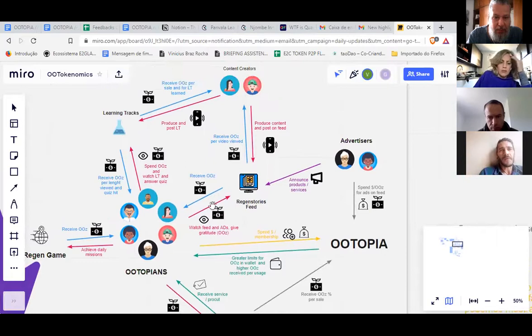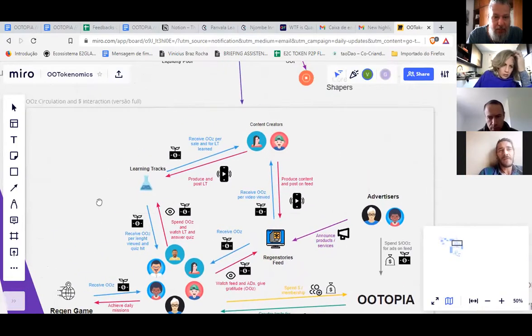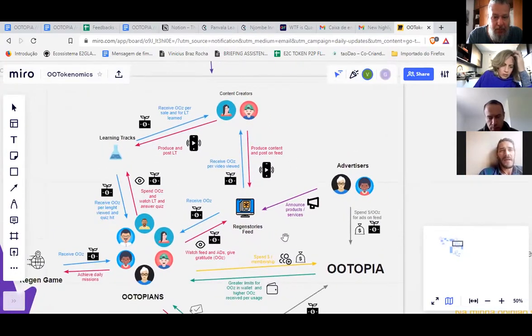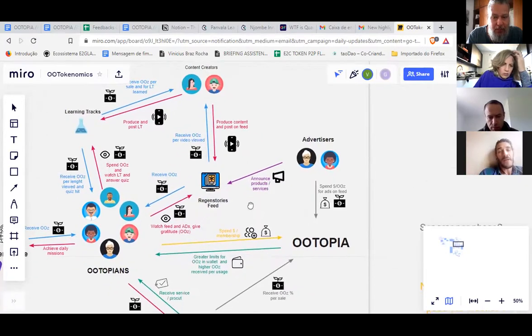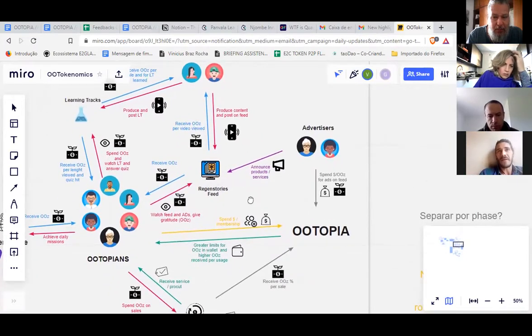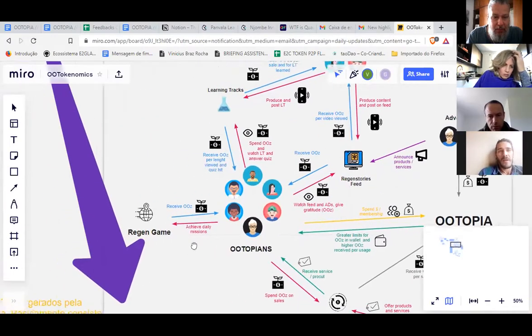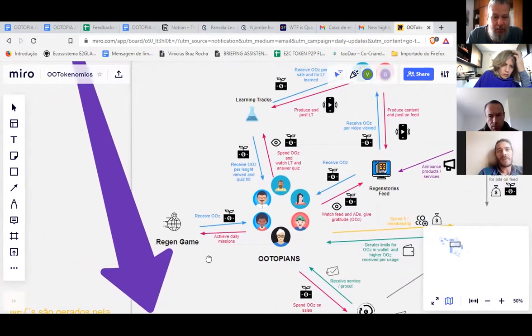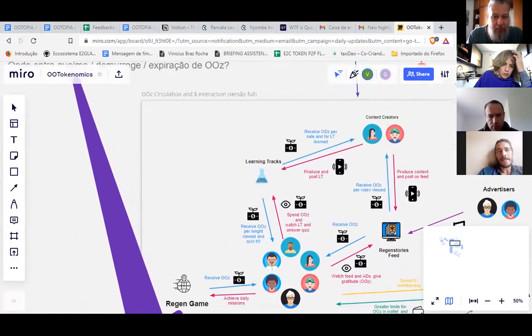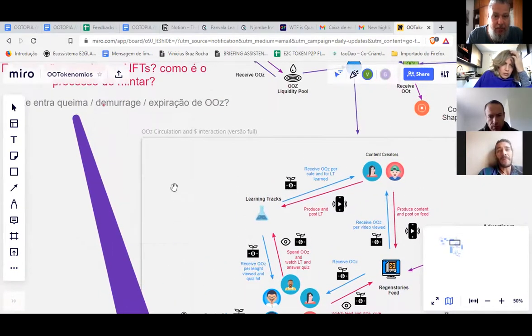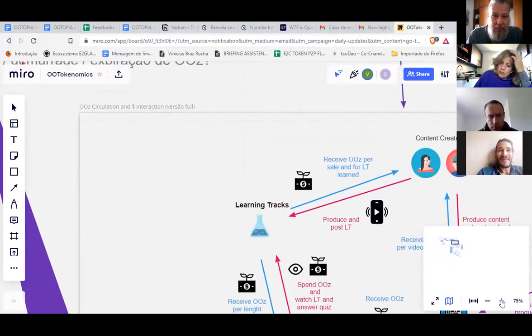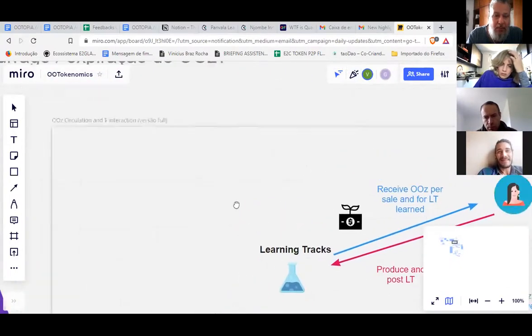When you produce regenerative content and learning tracks from regen practices, and anything that is regen, you can upload this material to the app. It's like a TikTok for good. But that's just one layer.